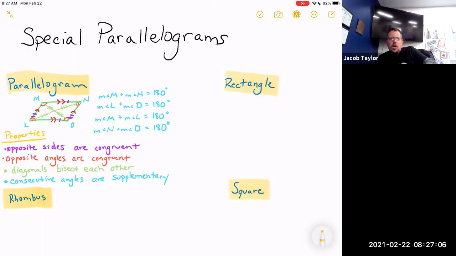Now, who knows what makes a parallelogram become a rectangle? It has to have opposite sides parallel because it's a parallelogram. But what makes it go from being a parallelogram to being a rectangle?